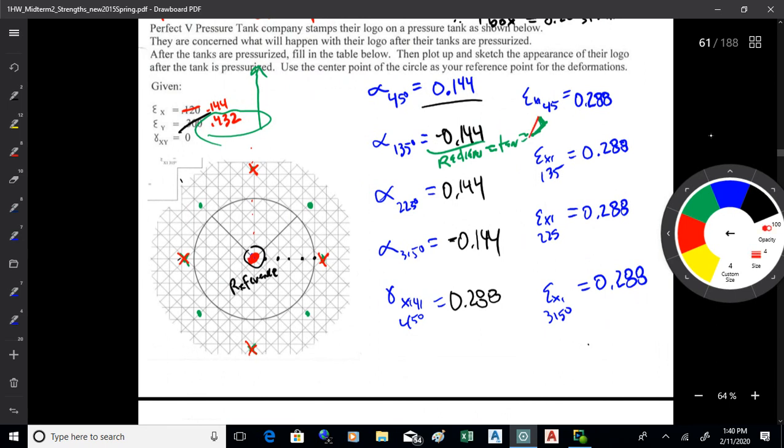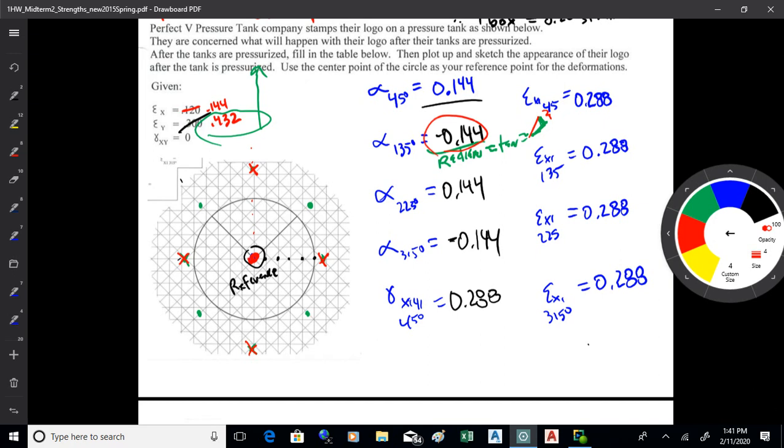So we can basically go with this, that 0.144 is how much it kicks out perpendicular to the line. Okay? It's not a perfect match, but it's pretty good.